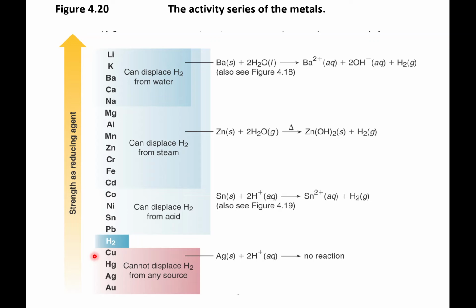We won't cover that this quarter, but that would be next quarter in electrochemistry. Metals that are higher on the list are stronger reducing agents, so they can reduce metals that are lower on the list, giving up electrons to metals that are lower.